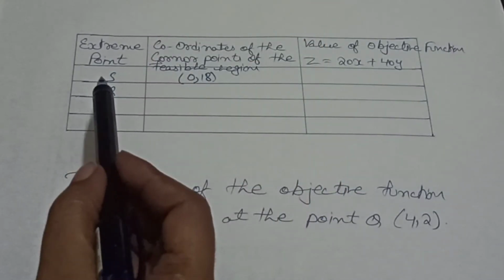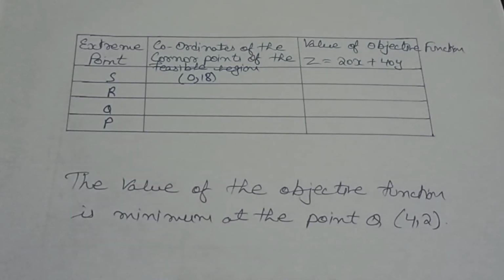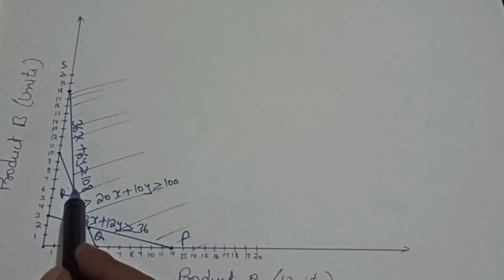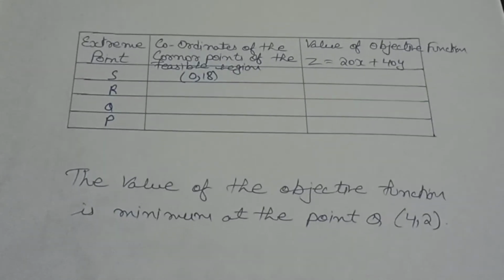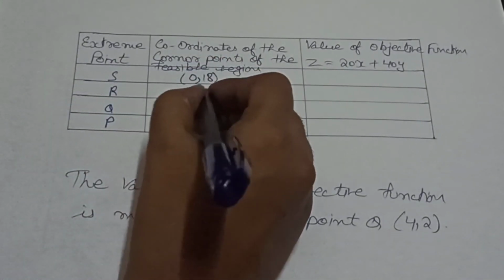Now we will find the point for R. So in this picture, we will find point R. You can draw the line like this, here 6. And now you can draw the line like this, here 2. So we have points 6 and 2. 2 is on the x-axis and 6 on the y-axis. So we have the point 2 and 6. So we will write here 2 and 6.